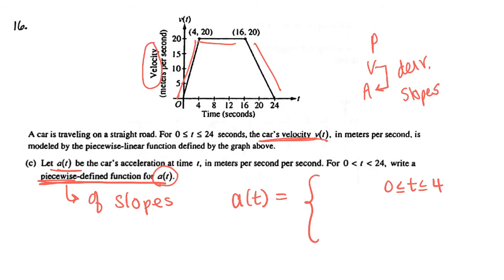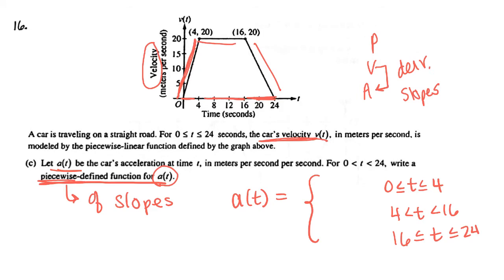All right, and then the other, I'm going to say from 4 to 16. And then the last one is going to be 16 to 24. And so here, notice that I'm covering from each one of these values here. I'm covering from here to here, here to here, and then from here to here.